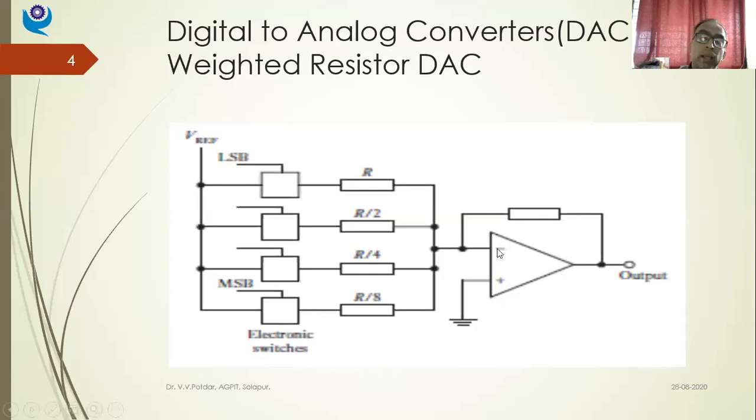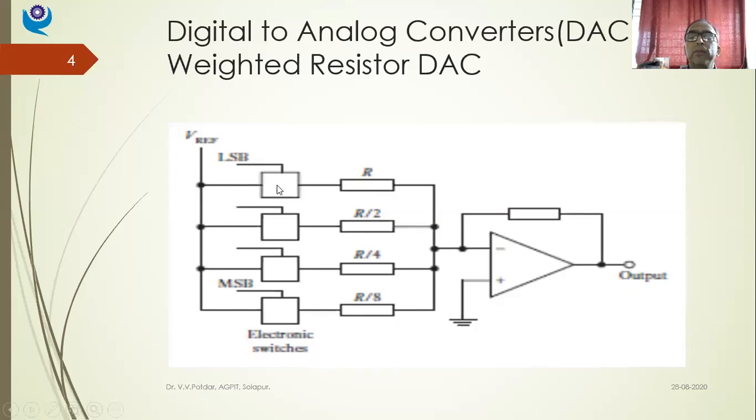The inverting terminal of the op-amp is connected to the reference voltage. We have series resistances R, R by 2, R by 4 and R by 8 for this reference voltage. And then we have electronic switches in the path.